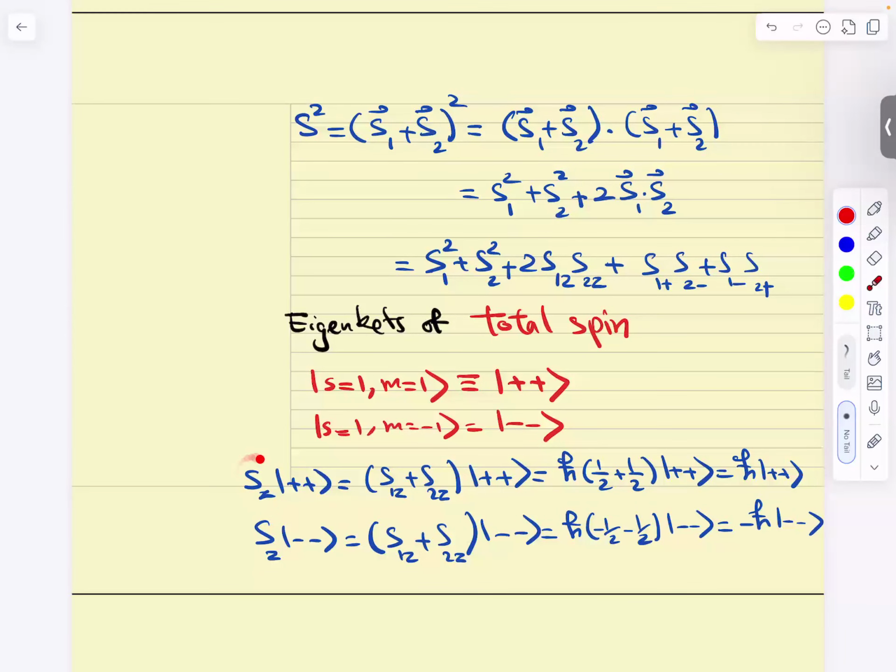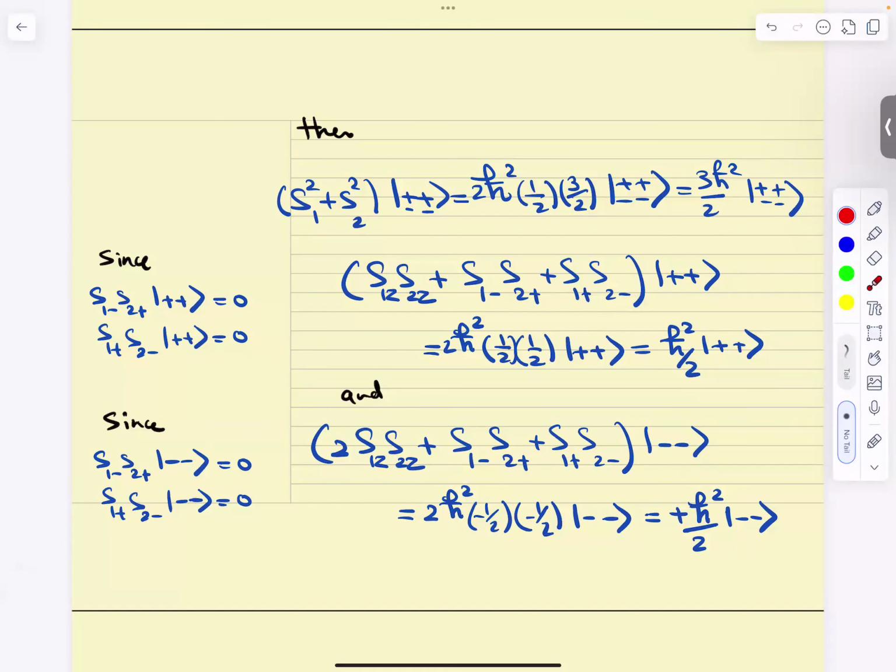Let's act with SZ. The ones that don't have the label 1 and 2 are the total. So this is S1Z plus S2Z. This gives ħ/2 plus ħ/2, which is ħ. For minus half minus half, it gives minus ħ. Good. So far, easy.